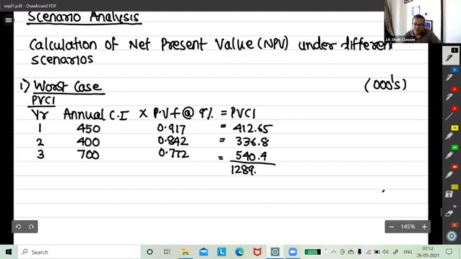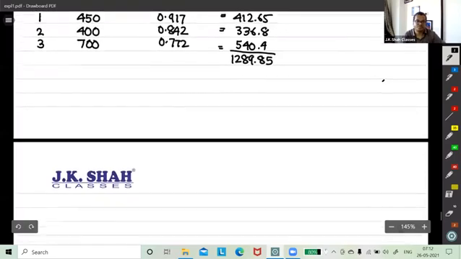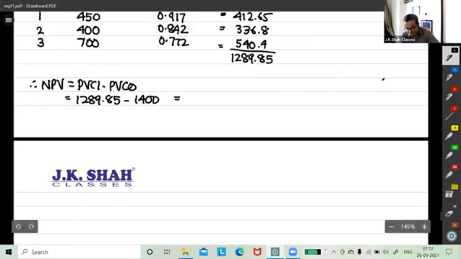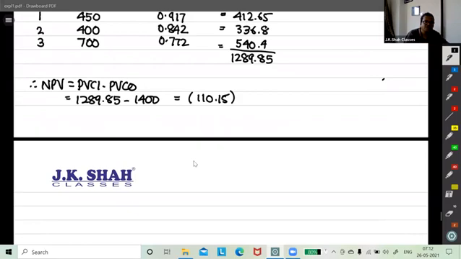And 1289.85. Therefore, NPV would be PVCI minus PVCO. 1289.85 minus PVCO, how much? 1400. Now, we did it in thousands. So, it's negative 110.15. The first answer is negative 110.